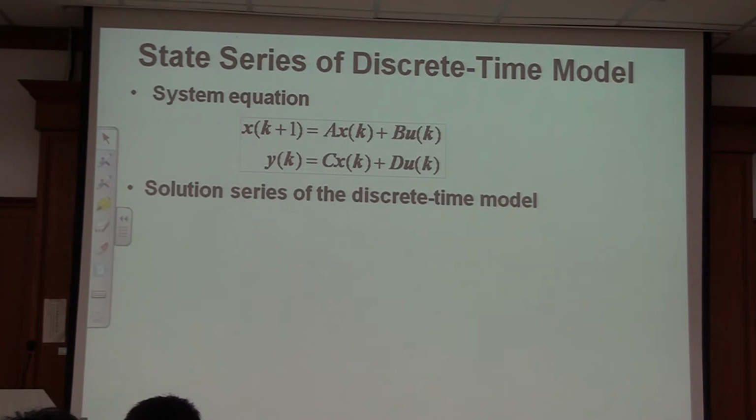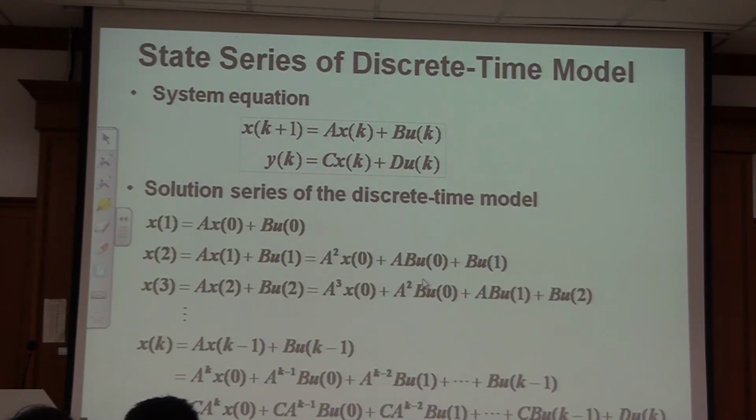So that is something that in your problem number 6, how can you do the simulations from your discrete time model? What you have to do is like this. You just set k equal to 0. Then you get ax0 plus bu0.